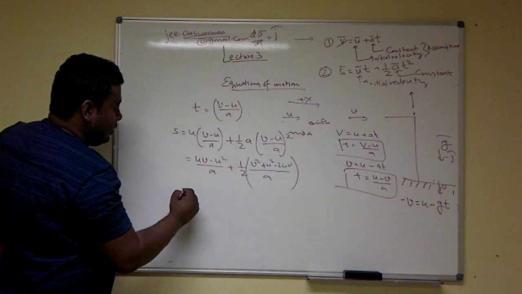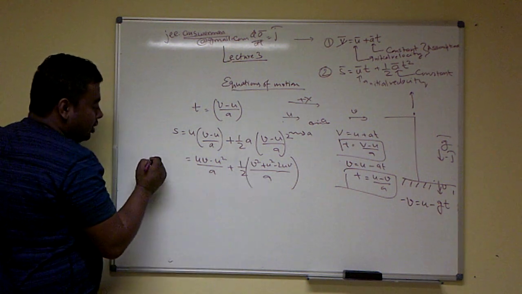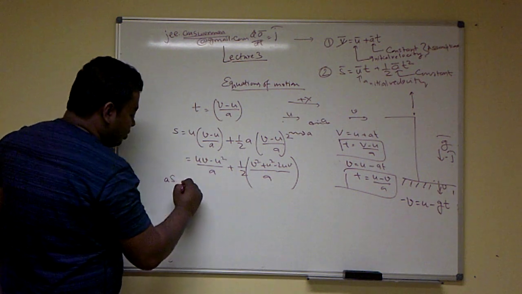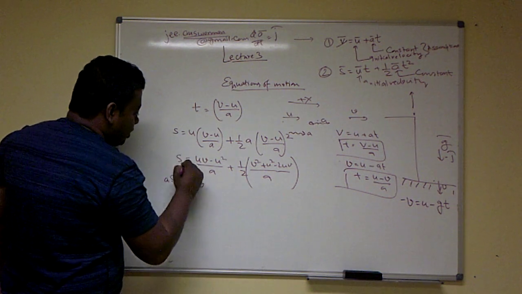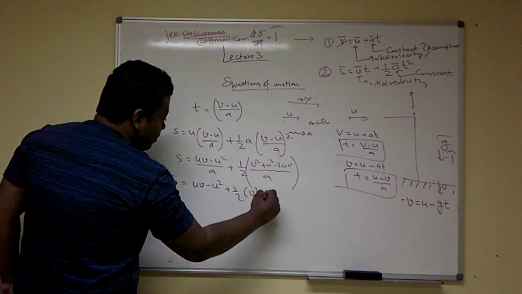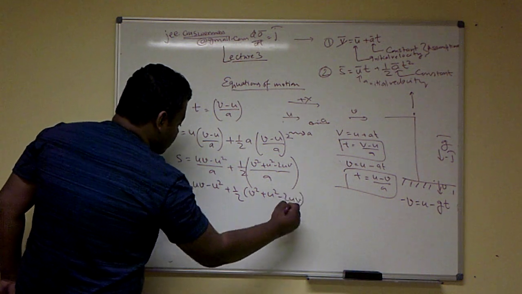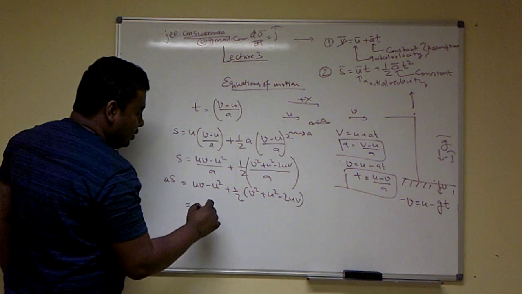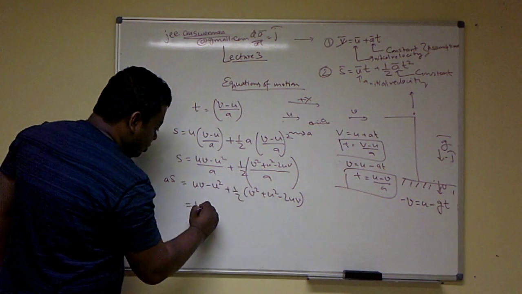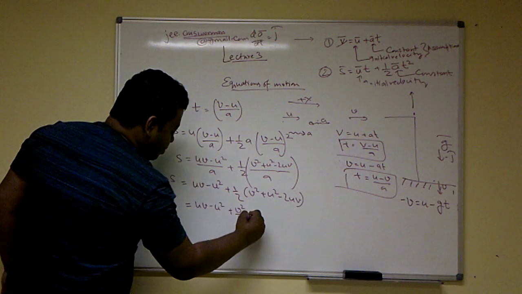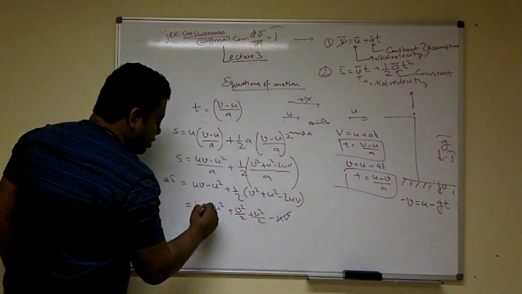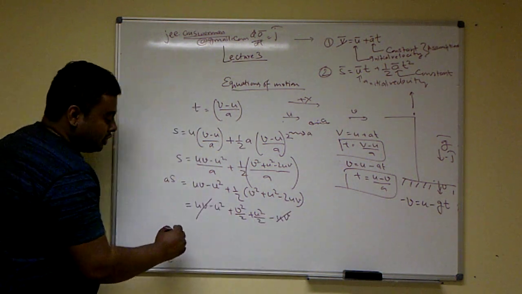Okay. So if you take this denominator and multiply on both LHS and RHS, you get uv minus u squared plus half v squared plus u squared minus 2uv. So v squared divided by 2 plus u squared divided by 2 minus uv, and uv will cancel each other.